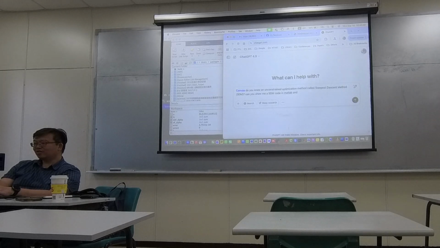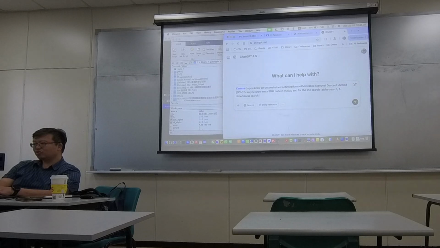And for the line search, alpha search for one dimensional search for step size, please use one dimensional Newton's method.